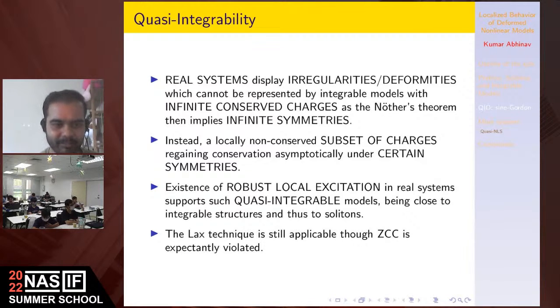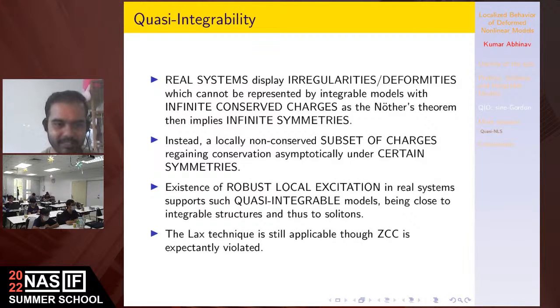So I'm repeating again: all the charges cannot be conserved locally because there are local deformities in the real system, but asymptotically all the charges need to be conserved because there are localized excitations in the real system.